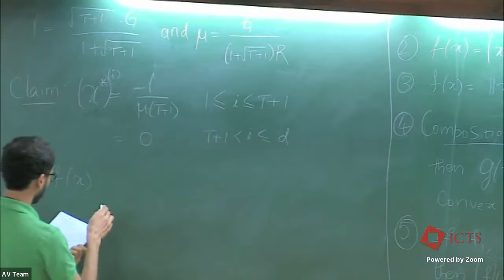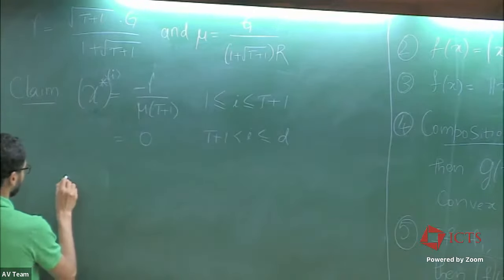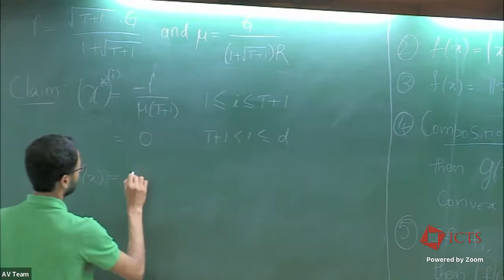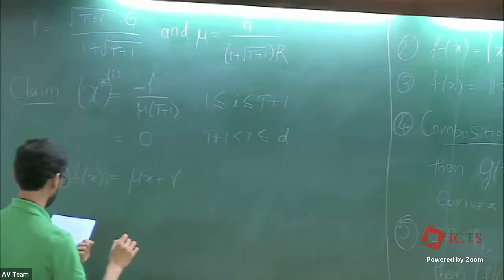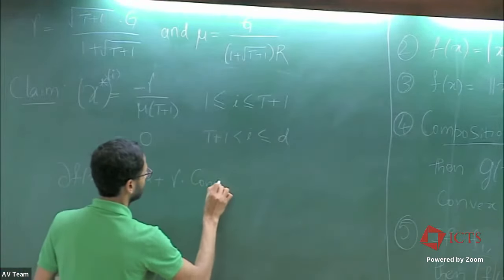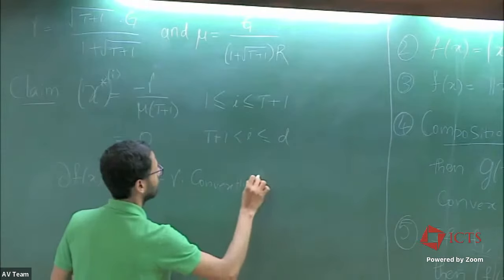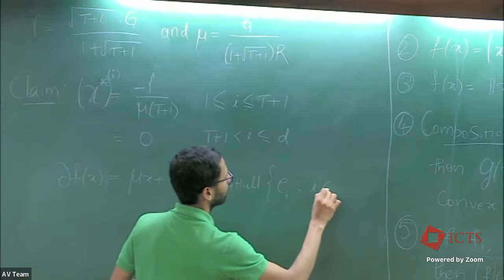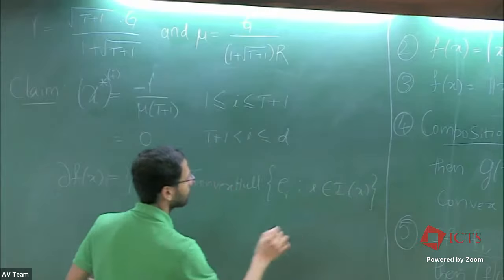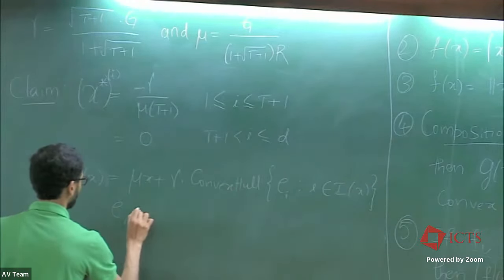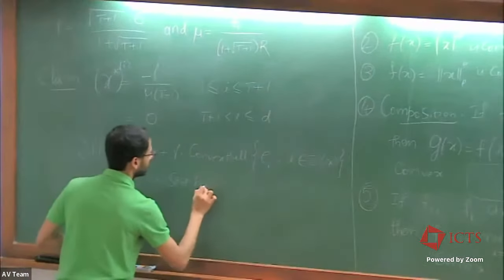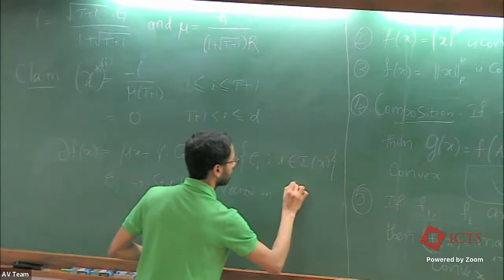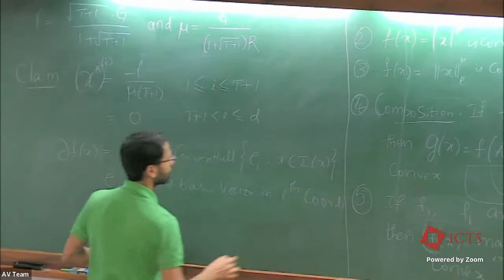So this is given by mu x plus gamma times the convex hull of all the ei such that i is in I of x, where ei is the standard basis vector in the ith coordinate.